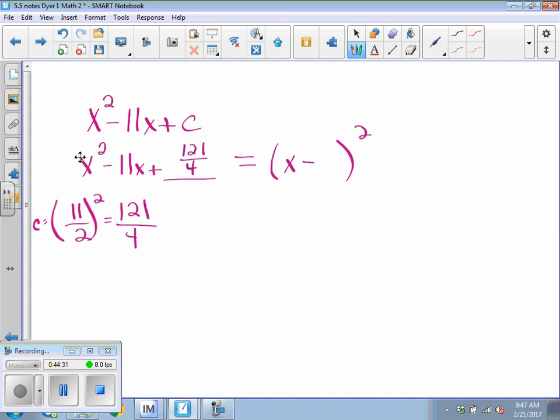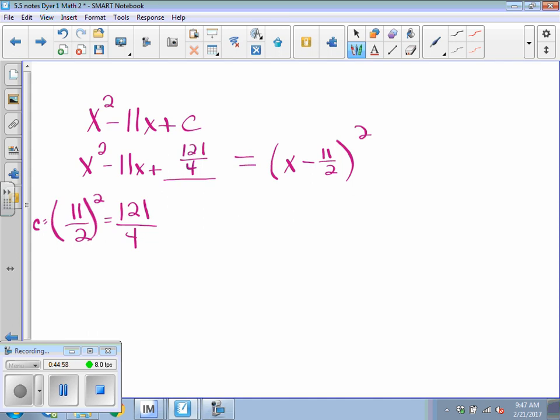Leave it as a fraction. Remember, it's x plus or minus. What goes here? It's just b divided by 2. So it's just 11/2. If this was a 12, you would know that was 6. So if it doesn't divide evenly, just leave it as a fraction.